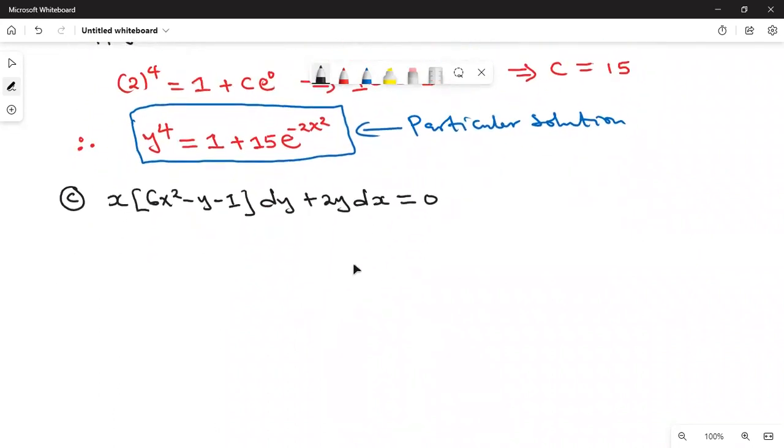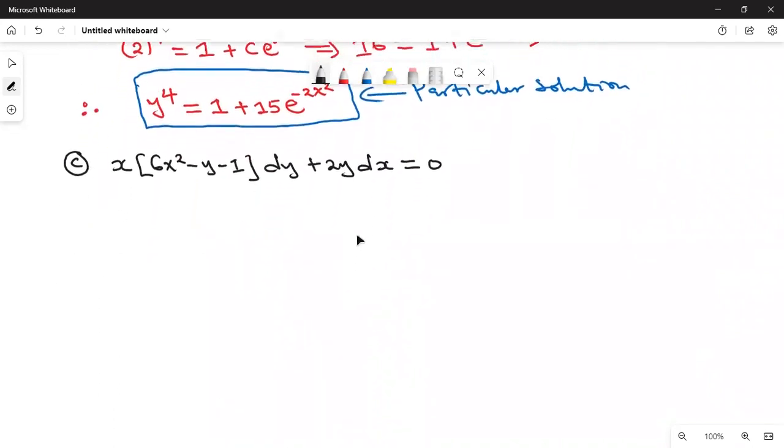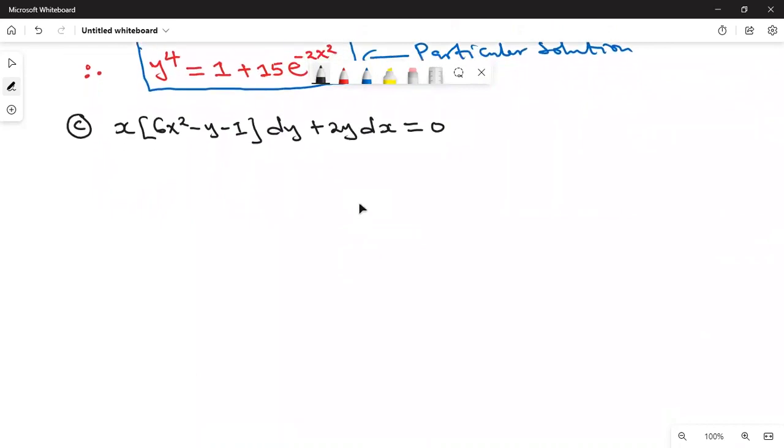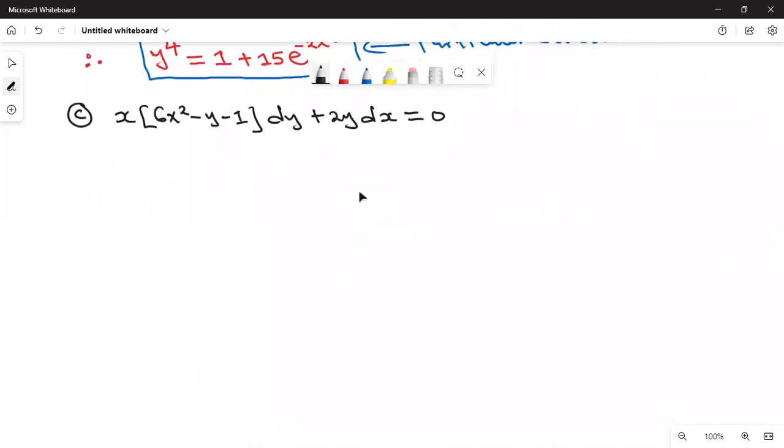Now, this equation can be rewritten in the form of dx over dy. Let's see what you're going to get. If I divide both sides by dy, also here by dy, even this, so that this dy will cancel.